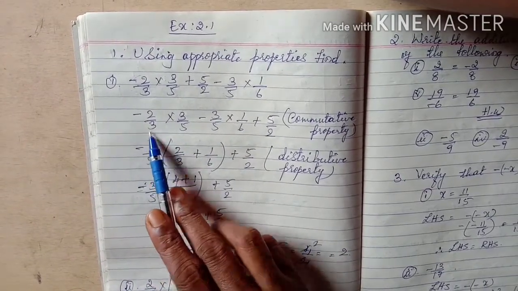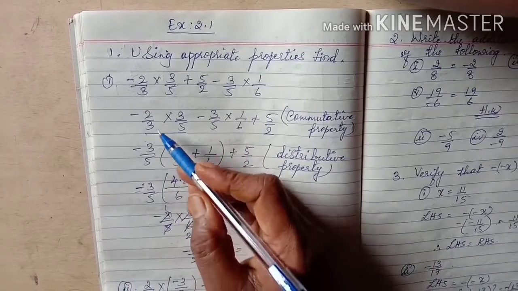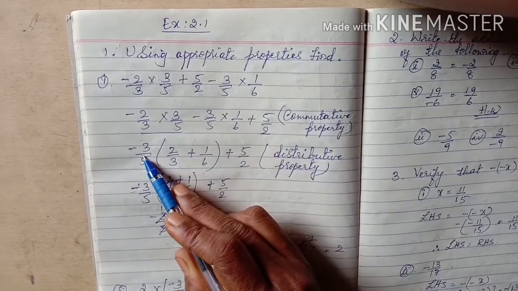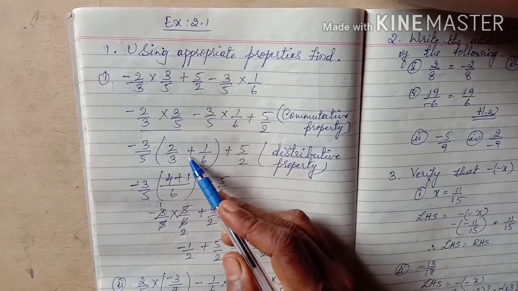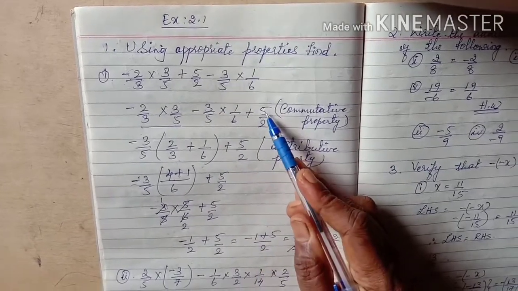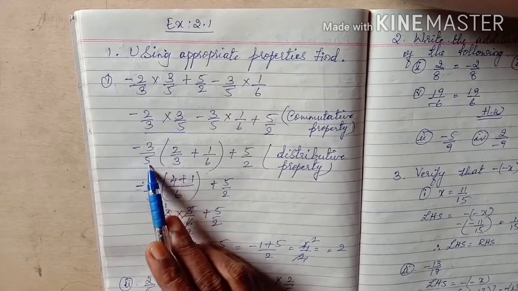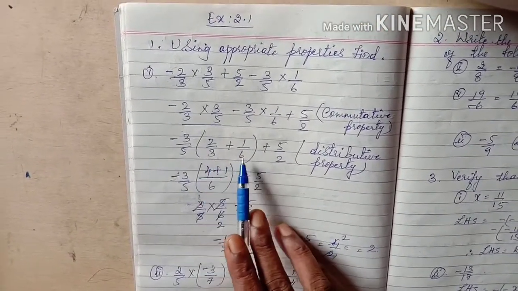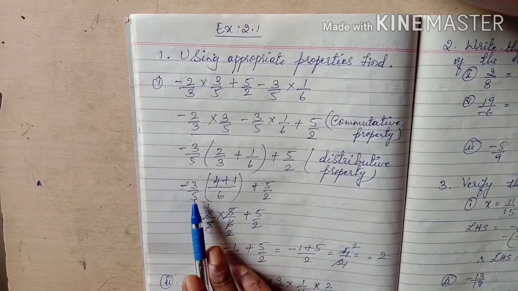If we take minus 3 by 5 out of the first term, what remains is just 2 by 3. Then from the second term, we have taken minus outside and 3 by 5 also, so what remains is plus 1 by 6. The last term that remains is 5 by 2. So here we have minus 3 by 5 into 2 by 3 plus 1 by 6. This is nothing but the distributive property.